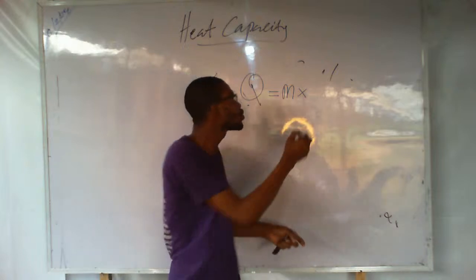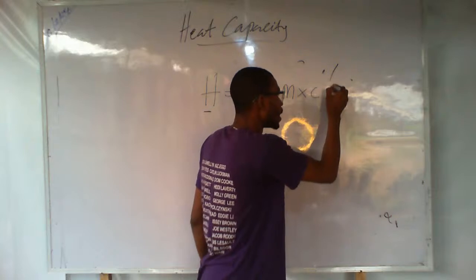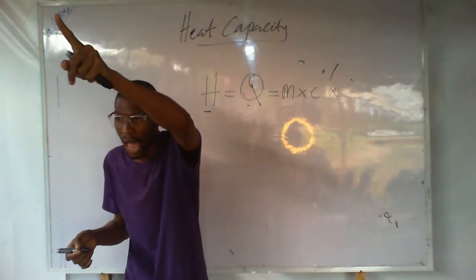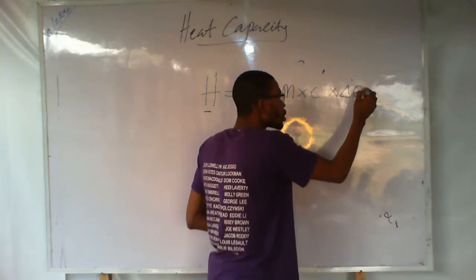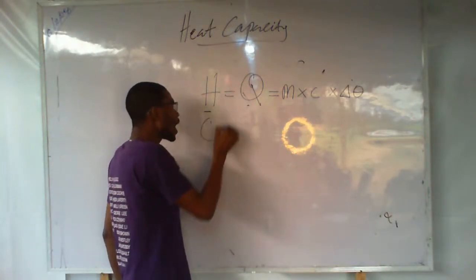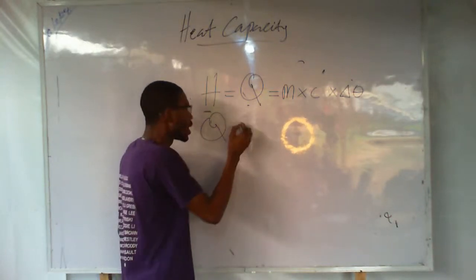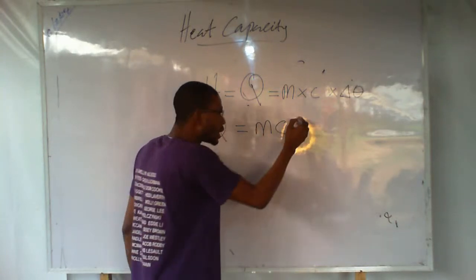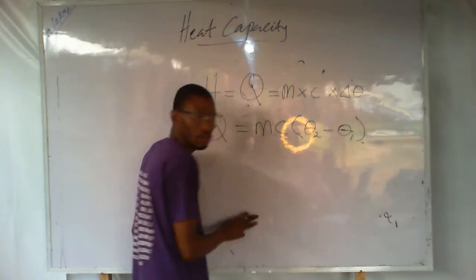Then multiply by the rise in temperature, from the lowest to the highest. You can use the letter T to represent the change in temperature. So the total amount of heat energy passing through that material is equal to the mass multiplied by the specific heat capacity, then multiplied by the change in temperature. Do you understand?